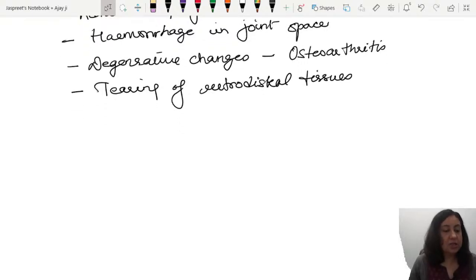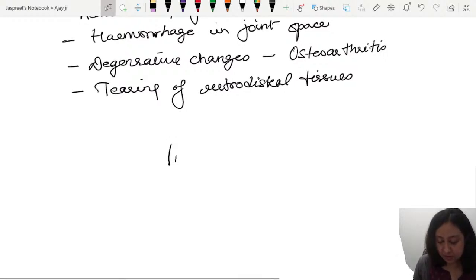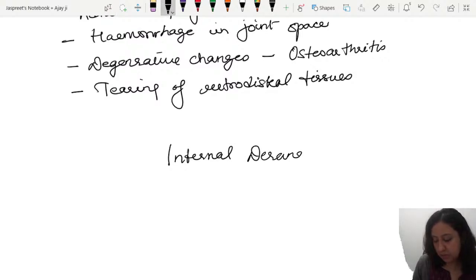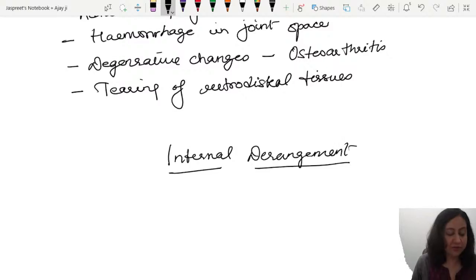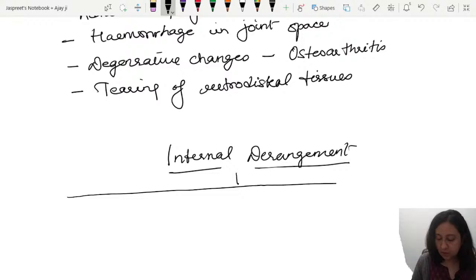Now, internal derangements are also of various types. Please divide this heading into two.